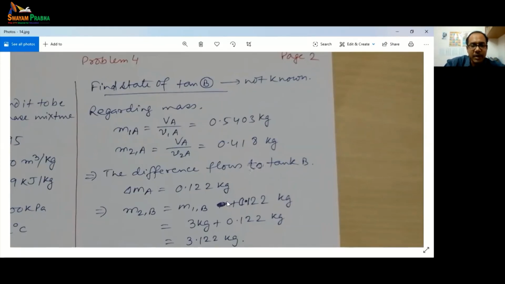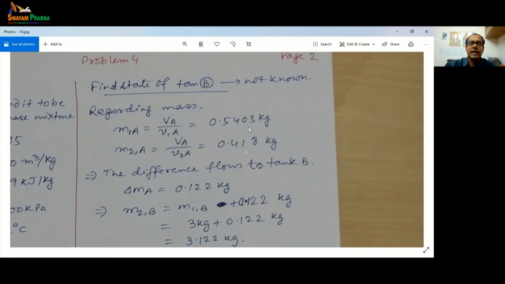For tank B, the mass we have to find out, but whatever mass is increasing in tank B has to come from tank A, right? Because when you open the valve, some portion of the high pressure steam went from tank A to tank B, right? So that mass balance we have to do.